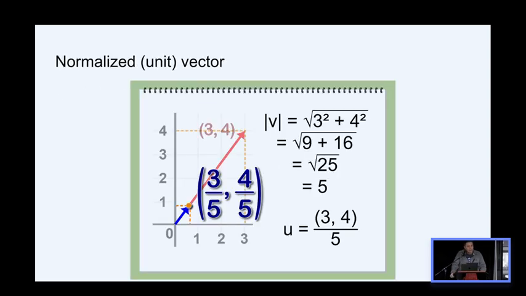Another math slide is that we have a concept of unit vectors, or normalized, where we take the length of the vector, the magnitude, and we divide by it. So here, for example, we have a 3 and 4, right? And we compute the magnitude to be 5. And then we divide 3 by 5, we get 0.6, and 4 by 5, 0.8. So the blue vector is the normalized version of the red vector.